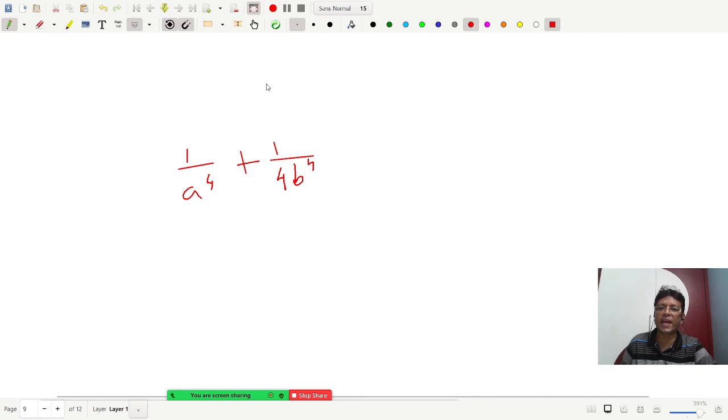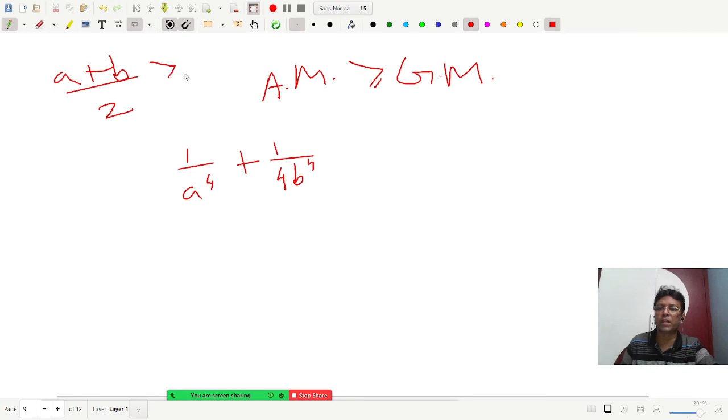I'm applying AM greater equal to GM only. Arithmetic mean greater equal to geometric mean. So that is basically a plus b over 2 is the arithmetic mean greater equal to square root of ab. If you take three numbers, it's going to be a plus b plus c by 3 greater equal to cube root of abc. So that's the technique. So I'm considering two numbers only, 1 by a to the power 4 and 1 by 4 b to the power 4.